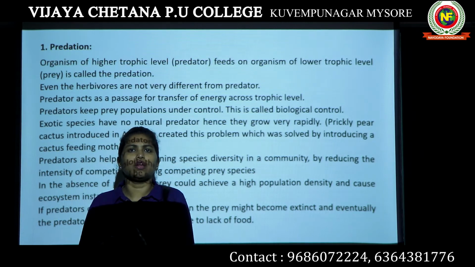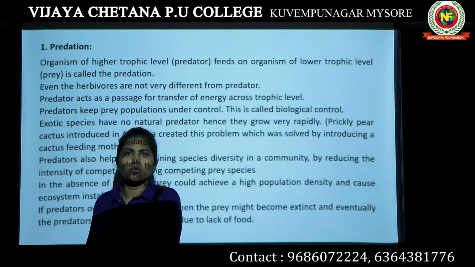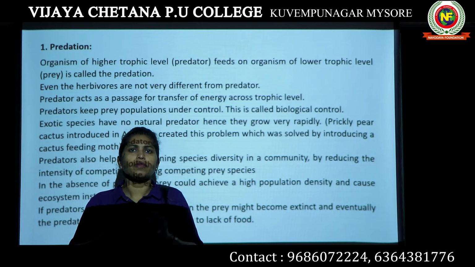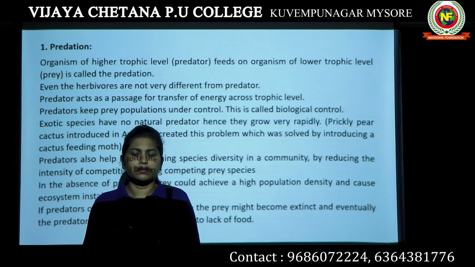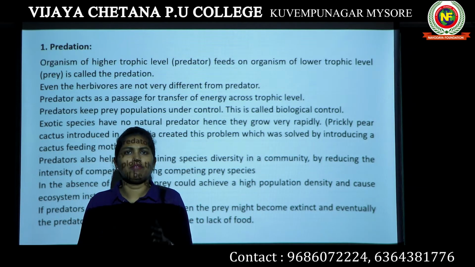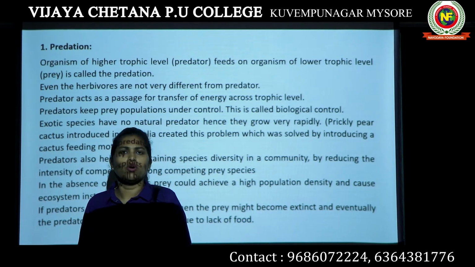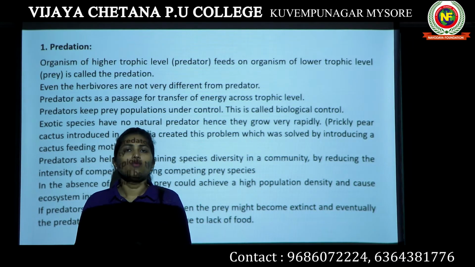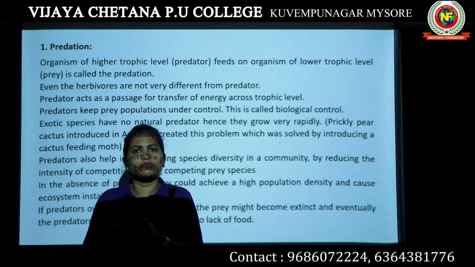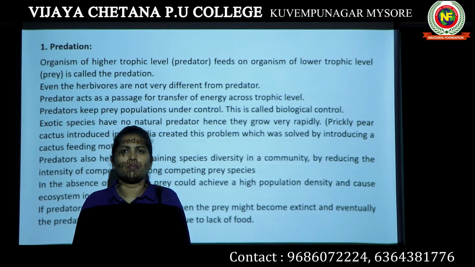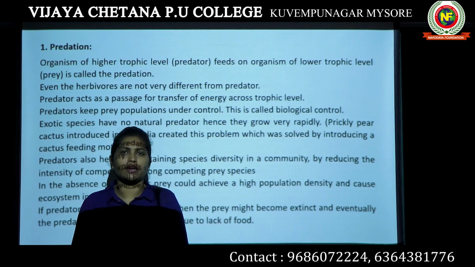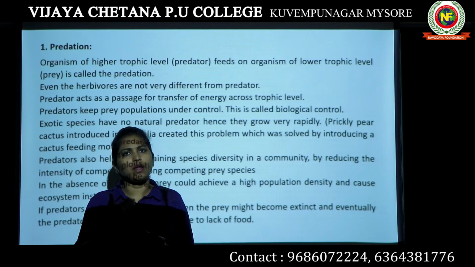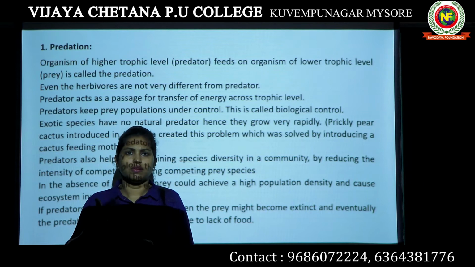Imagine if there are no tigers, no lions, no hyenas eating the organisms of lower trophic level like sheep, deer, or cattle. What happens to the number of organisms of lower trophic level? They increase to a greater extent. Their number will keep on increasing.